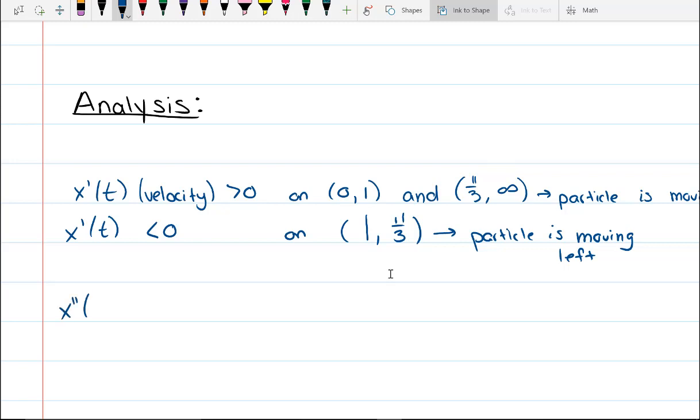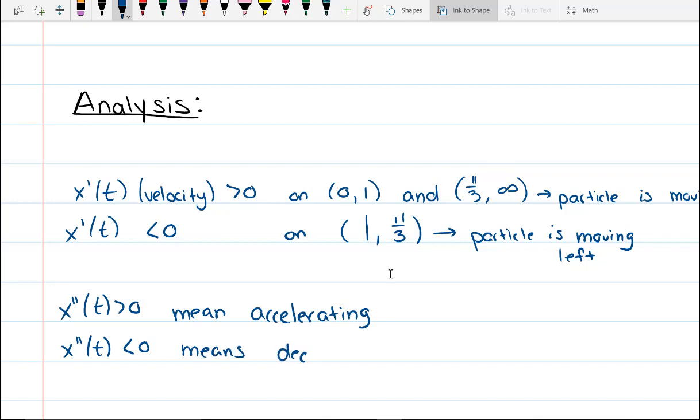When the second derivative is greater than 0, this means accelerating. When the second derivative is less than 0, this means decelerating. And if you ask any physics teacher, they'll always say there's no such thing as decelerating.